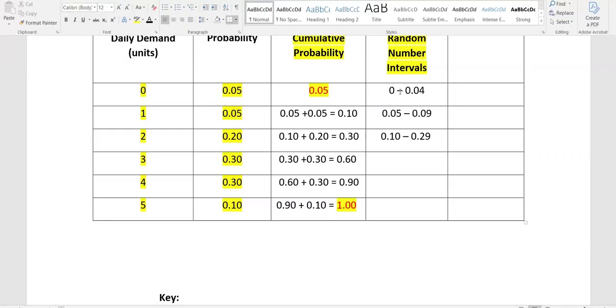You mean from the top? Yes. All right. So you're clear on the cumulative probability, right? Yes, I am. So the random number intervals start with 0. We're constructing the random number interval now.